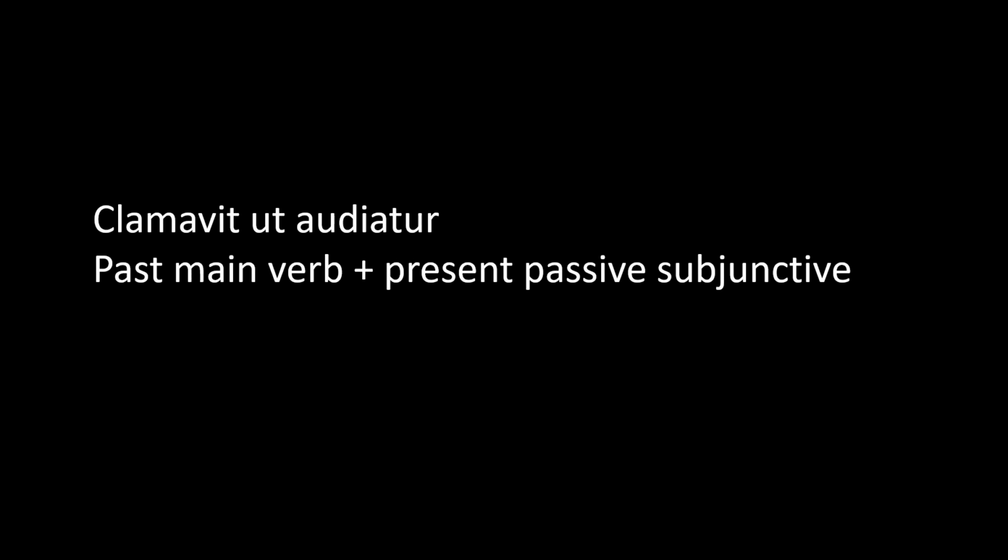Clamavit ut audiatur. Now here you have a past main verb and a present passive subjunctive. Here we have a past main tense followed by a present subjunctive tense. Is this an exception to the allegedly simple rule given above? No. It is simply an example of the defective grammar of Latin.